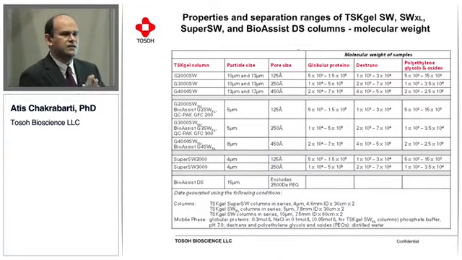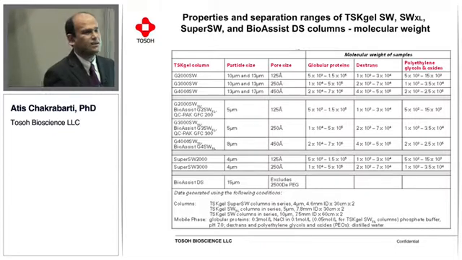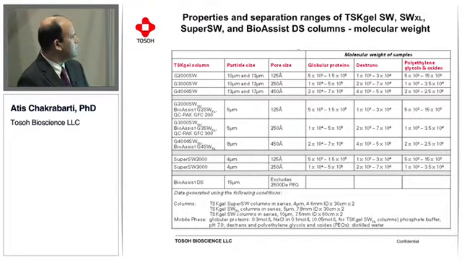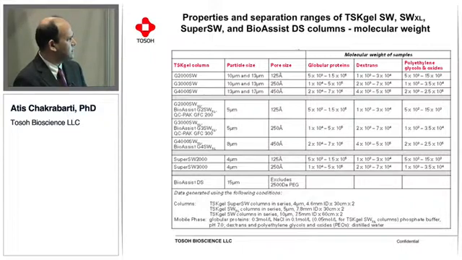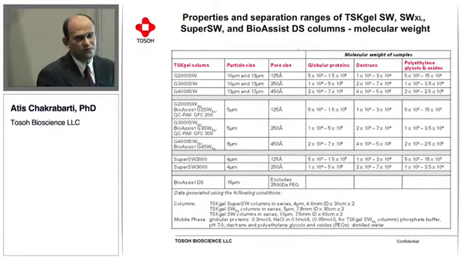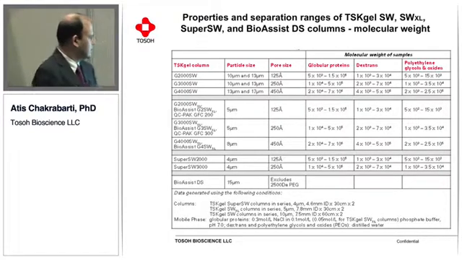They are basically the same column as the stainless steel column, only in PEEK hardware. If you look at the SW, SWXL and Super SW column lines, we have three different pore sizes, 125, 250 and 450, and for the Super line we have two different pore sizes. Next slide, please.